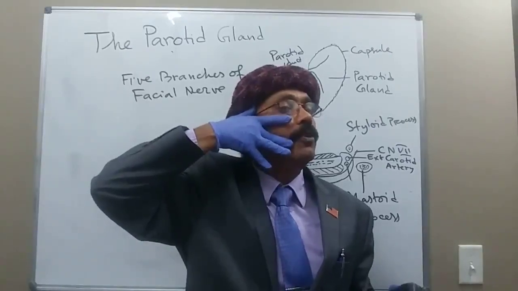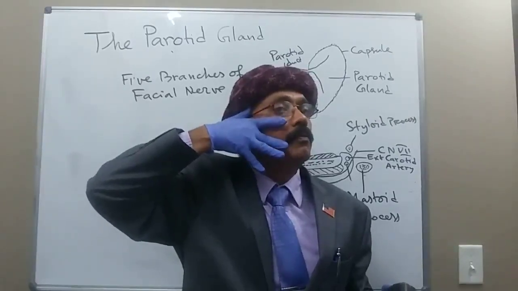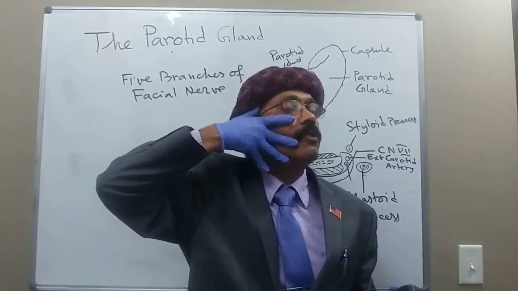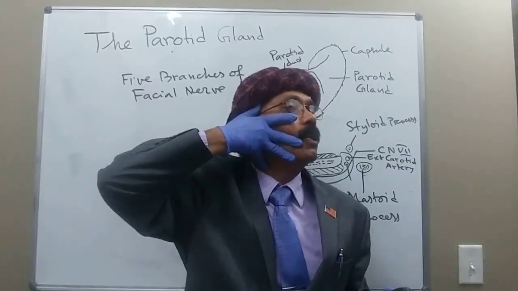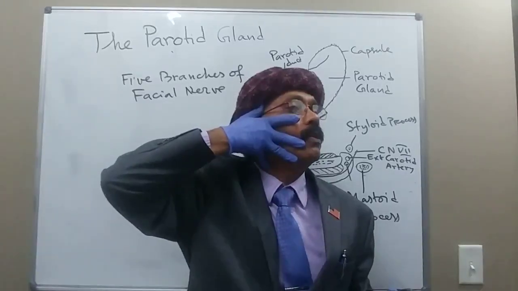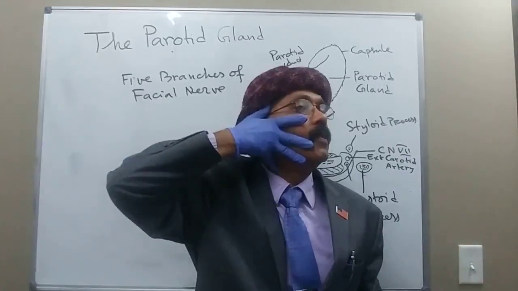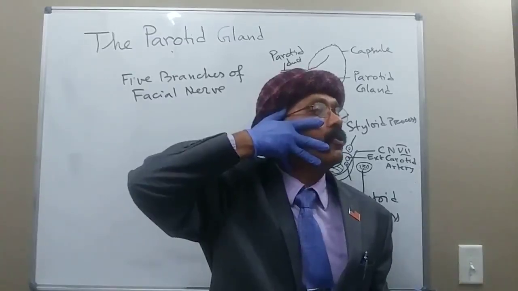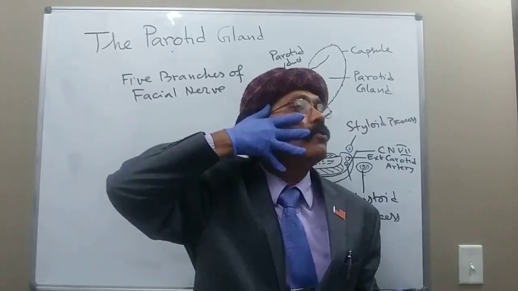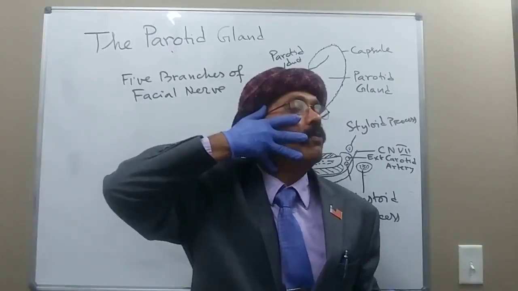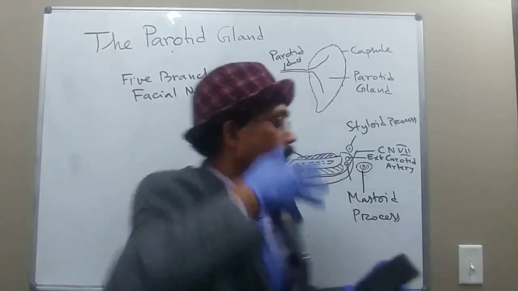The middle finger is on the buccal muscle. On the mandible we have another branch, and the 5th finger would be on the cervical region, the neck. So temporal branch, zygomatic branch, buccal branch, mandibular branch and cervical branch.